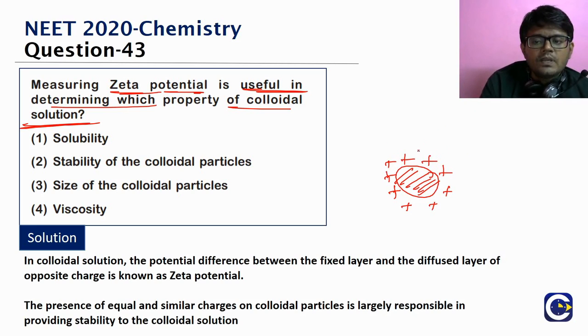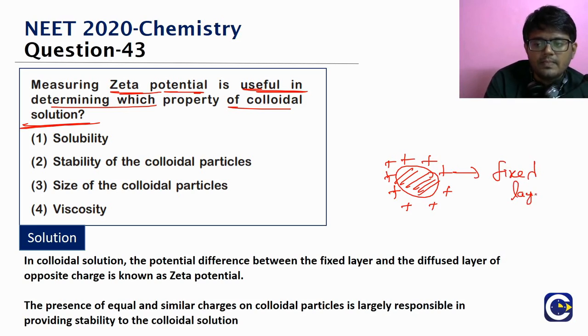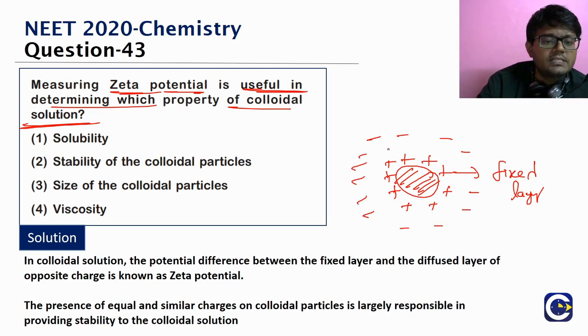If, for example, there is a positive layer of charge that is accumulated on the colloidal particles, the first layer of charge is what we generally call the fixed layer. There will be an additional layer of opposite charge of particles that will be surrounding, because if the colloidal particles are having a charge layer of plus, the surrounding will be minus.